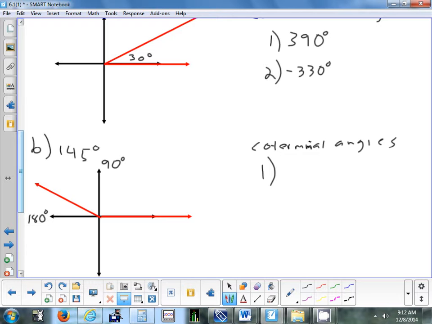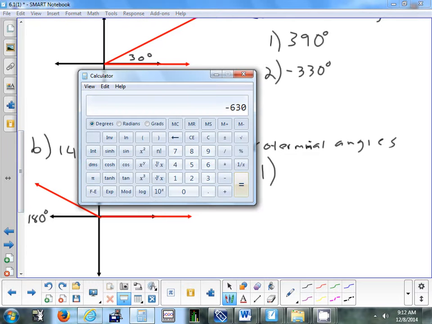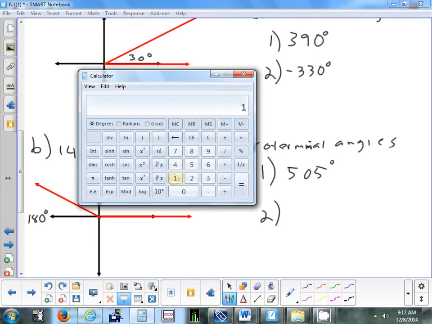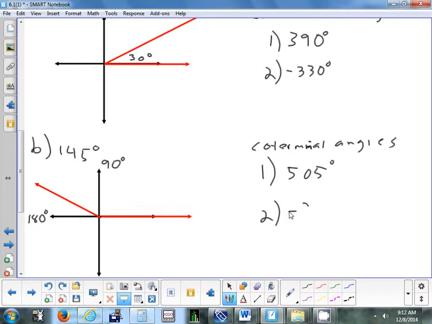Let's see. So take 145, add 360, get 505. Don't forget your symbol because it's in degrees. And take 145 and subtract 360, negative 215.